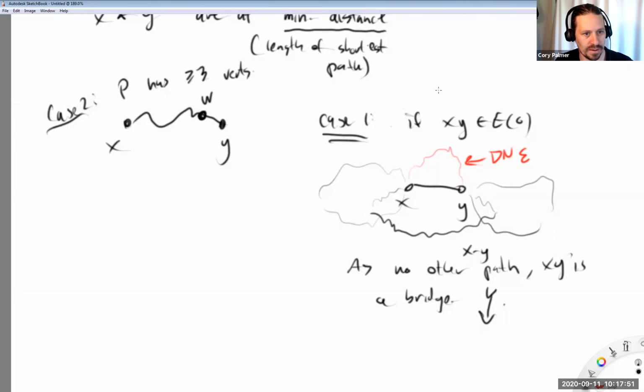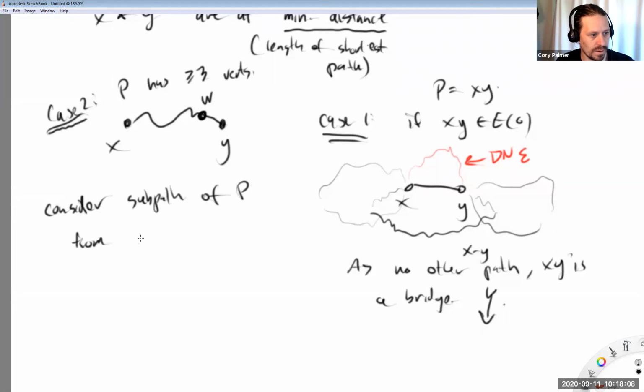Right here was P equaling the edge XY. Now let's consider the subpath of P from X to W. Let me just highlight that in red here.